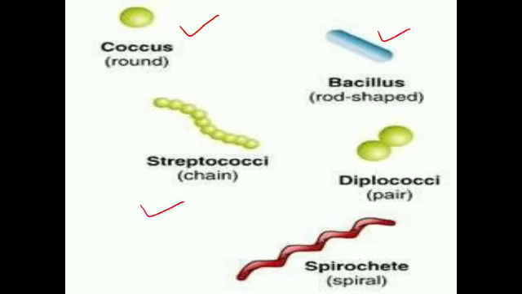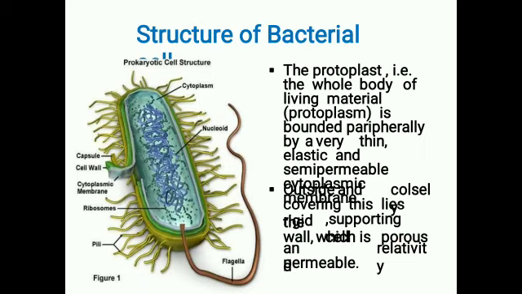Then streptococci are spherical cells arranged in chains. Diplococci are two spherical bacterial cells remaining in pairs. And the last one is the spirochete, the spiral shaped bacteria which have short curves at certain intervals. These are some of the shapes of bacteria as we discussed.